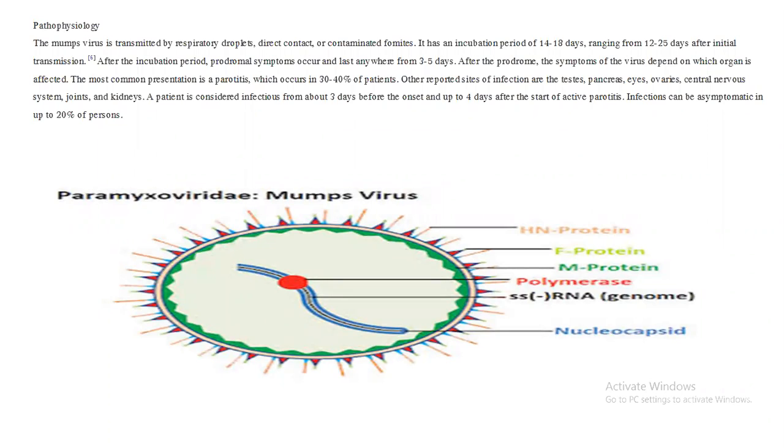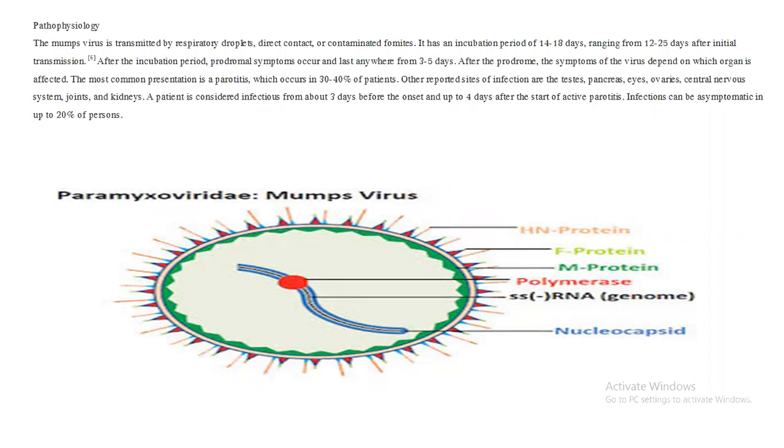Pathophysiology. The mumps virus is transmitted by respiratory droplets, direct contact, or contaminated vomit. It has an incubation period of 14 to 18 days, ranging from 12 to 25 days after initial transmission. After the incubation period, prodromal symptoms occur and last anywhere from 3 to 5 days. After the prodrome, the symptoms of the virus depend on which organ is affected.